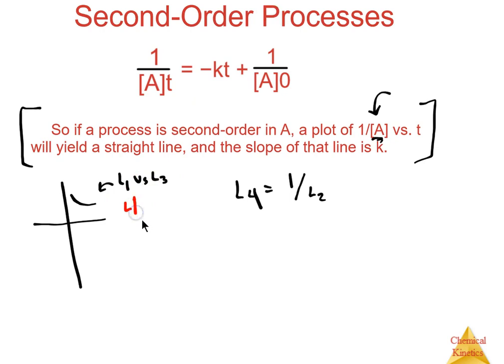I keep doing lithium. It's a habit. Versus L4. And L4 would give us a different number or line that now would be linear and have a positive slope. Since the slope is positive for this process, k is equal to the slope.